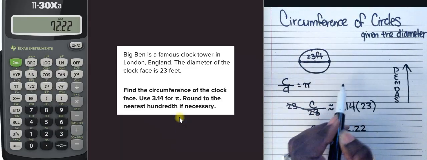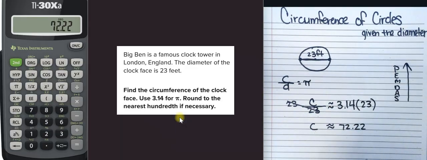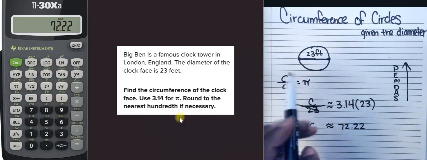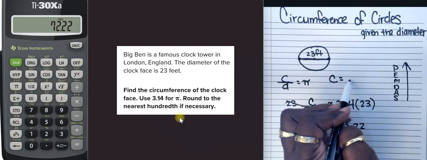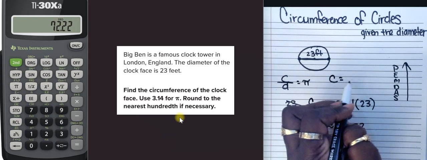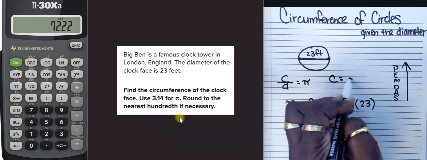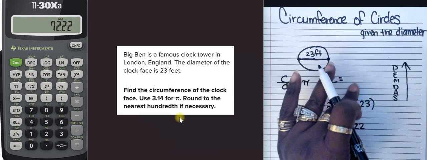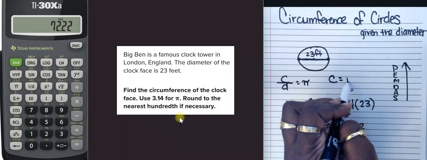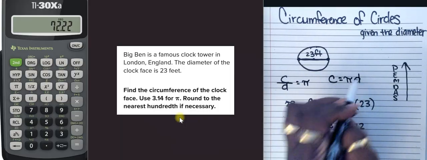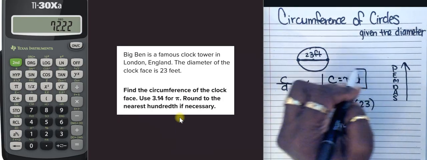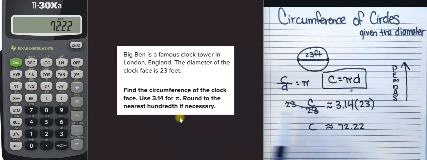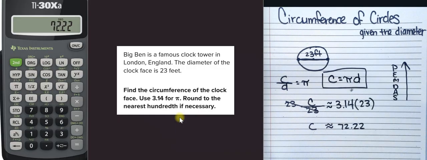The formula to find the circumference is: circumference is equal to pi times the diameter. This is a formula you can use as well if you don't want to isolate the variable. It would be the same thing we just did. We put c, which we don't know the value of, is equal to pi times the diameter.